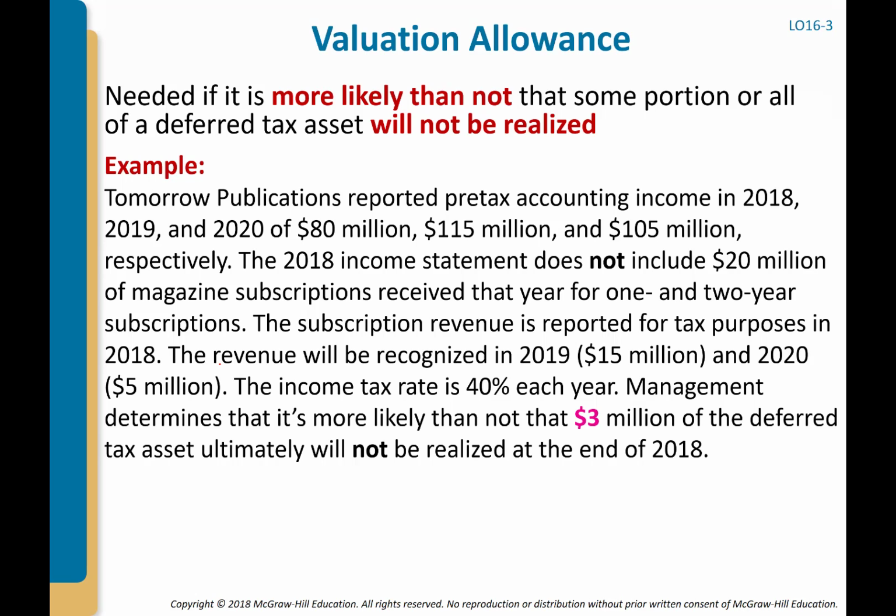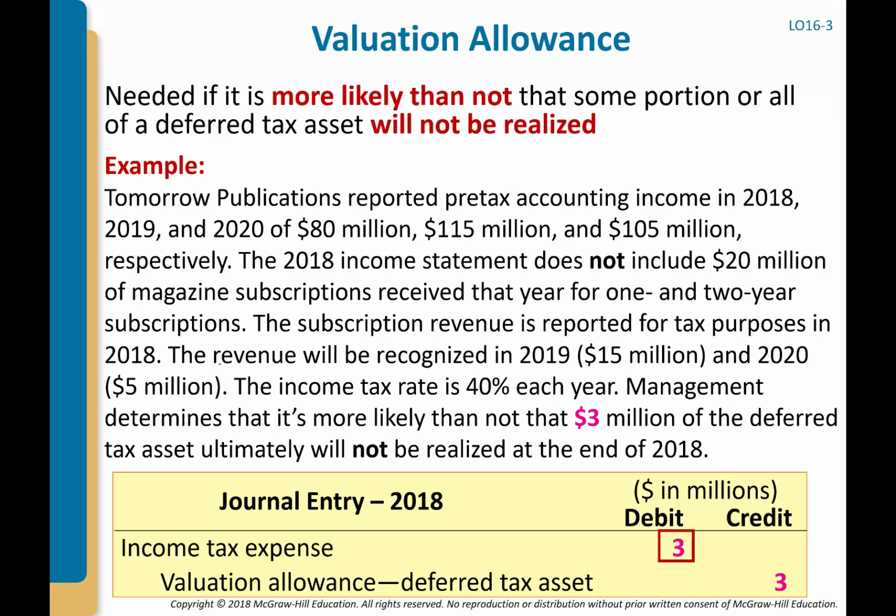Now you look at that and it sounds like, well, geez, that's the hardest thing in the world. But all you do is you credit the valuation allowance, thus reducing your deferred tax asset, right? And if you reduce your deferred tax asset, that is equivalent to saying that I'm going to have more expense, right? Because you're now saying that I don't have that future benefit of having less tax in the future.